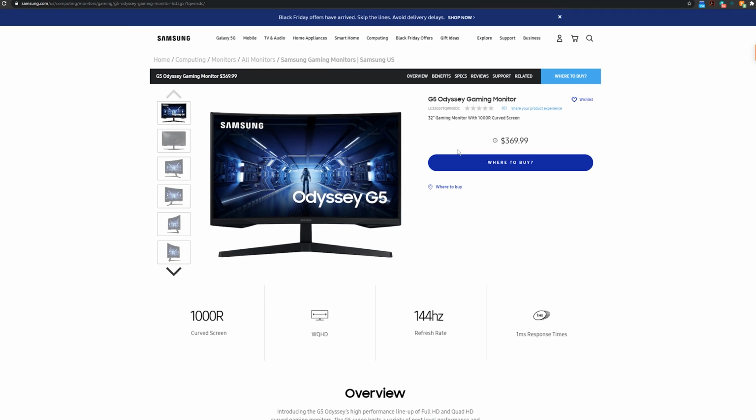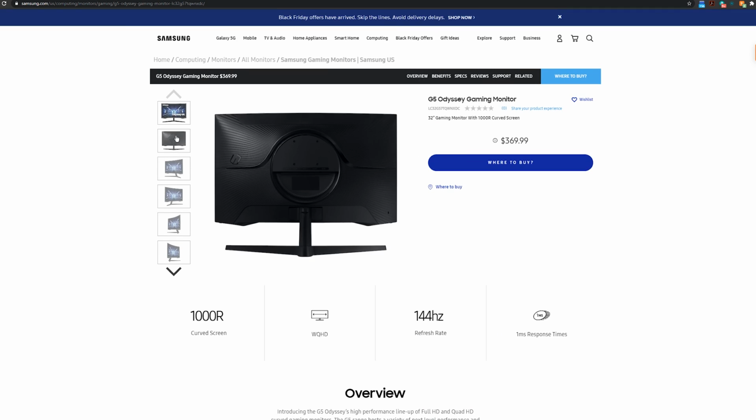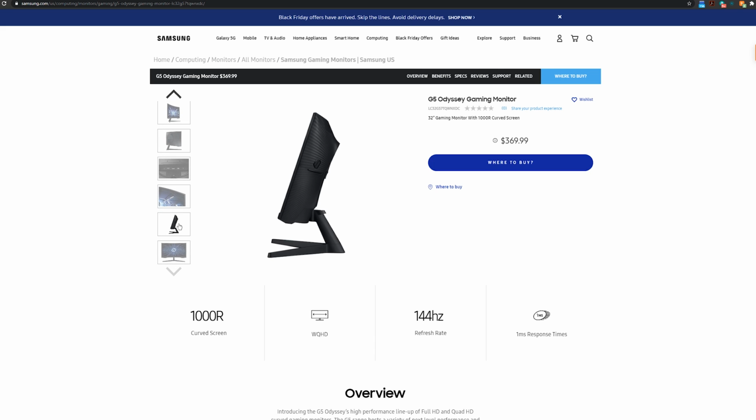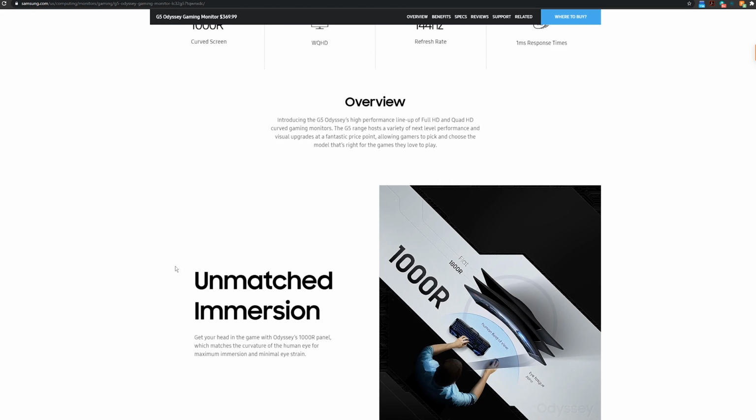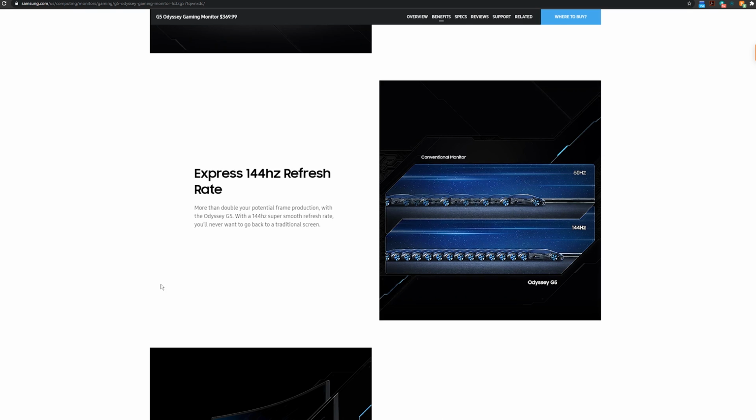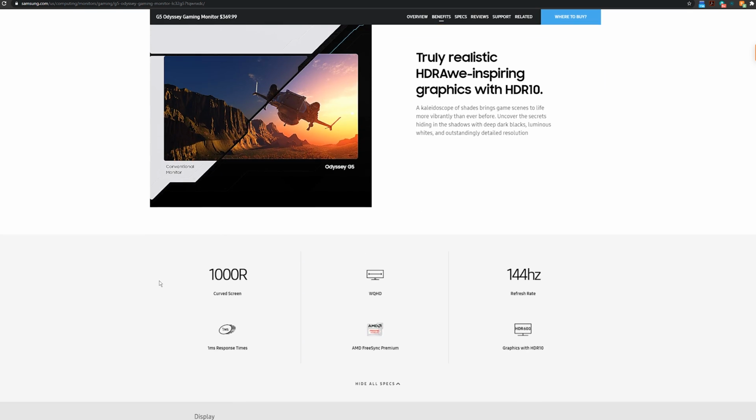And also just look at what aesthetics you're looking for with your monitor. I don't think aesthetics are everything, but something to keep in mind. Neither has RGB lighting or anything like that. So HDR and the 1000R curve, I think that's going to be the bigger draw for the G5 here.